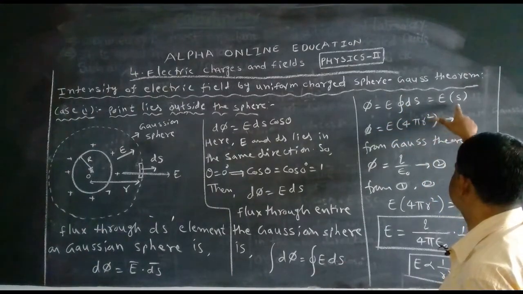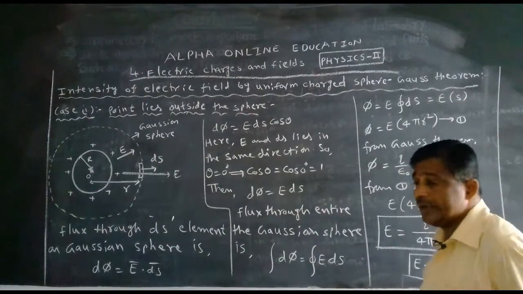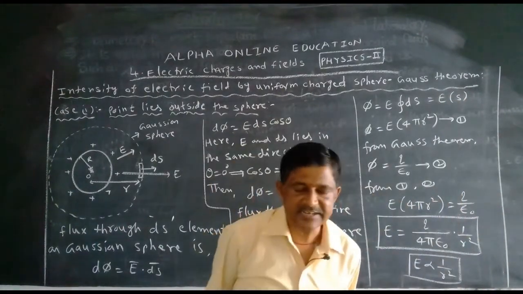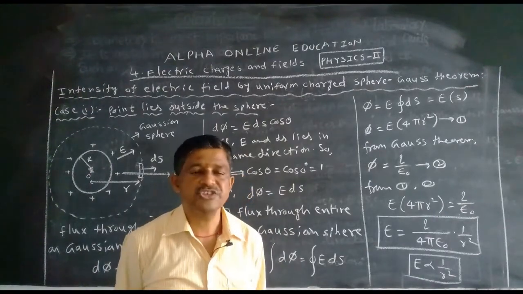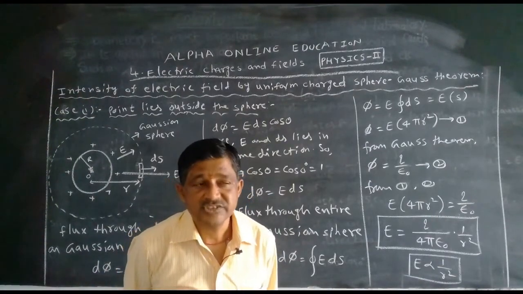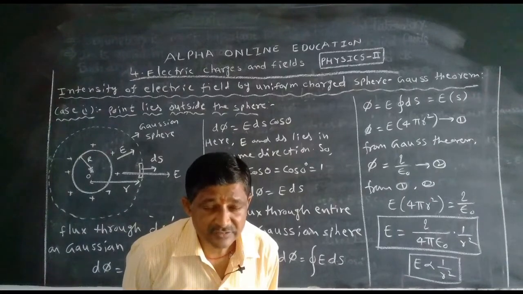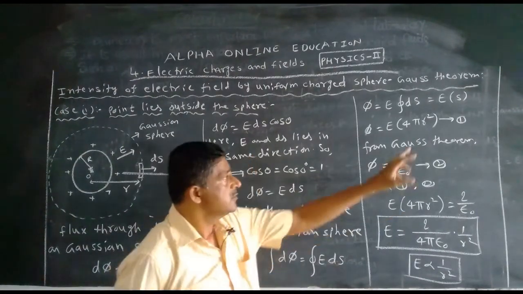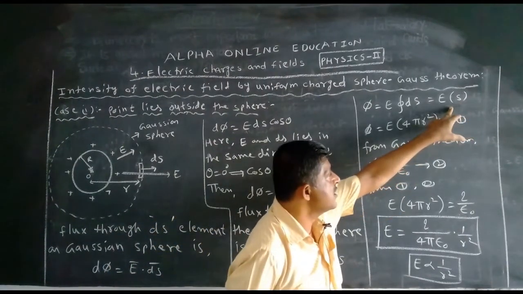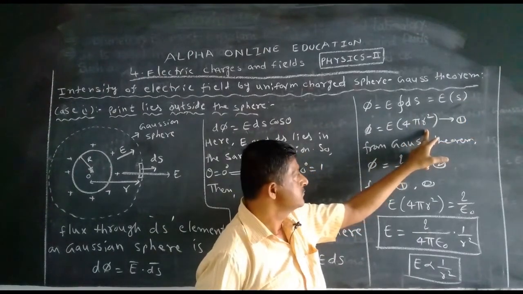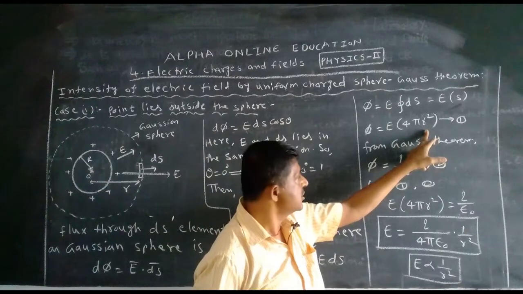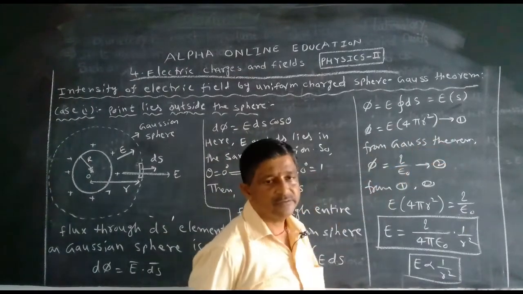Integral ds is equal to S, the surface area of the Gaussian sphere. The formula for the area of the sphere is 4 pi r square. Let us take this as equation 1.